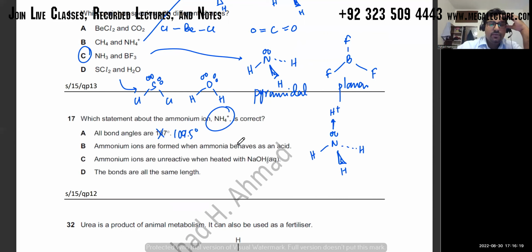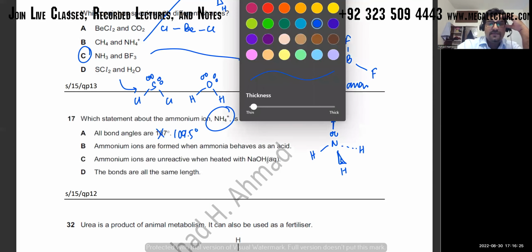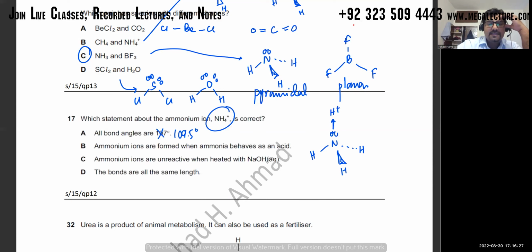Ammonium ions are formed when ammonia behaves as an acid. That is wrong because ammonium ions are formed when ammonia acts as a base. It accepts an H plus 1 ion, so it acts not as an acid but as a base.